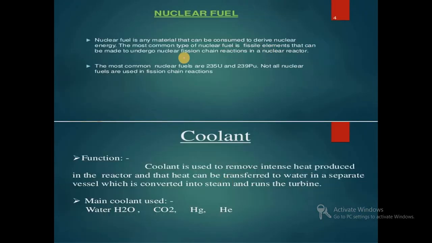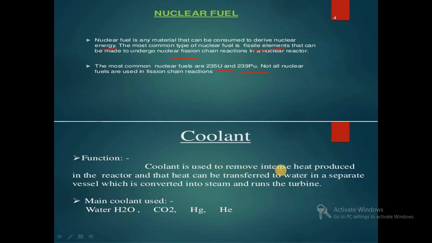And nuclear fuels, we have already studied. Nuclear fuel is any material that can be consumed to derive nuclear energy. The most common type of nuclear fuel is fissile elements that can be made to undergo a nuclear fission chain reaction. The most common examples are uranium 235 and plutonium 239. And the last one, coolant.